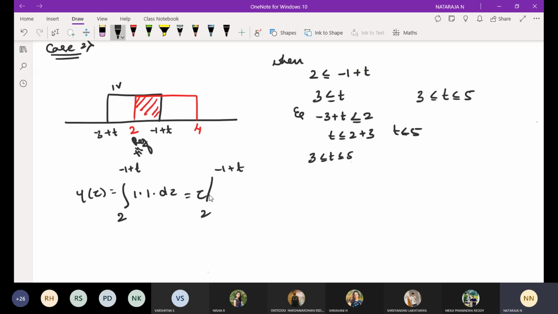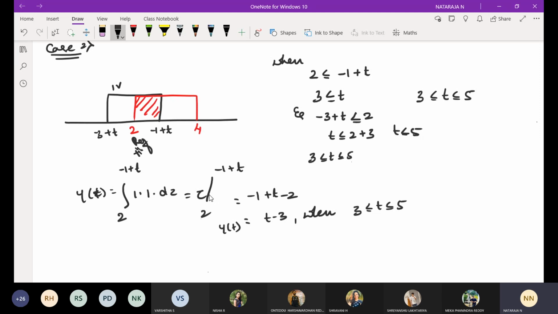Now upper limit minus lower limit: you will get minus 1 plus t minus 2, so t minus 3. Y of t, sorry, not tau, y of t is equal to t minus 3 when t lies between 3 and 5. Got everyone?